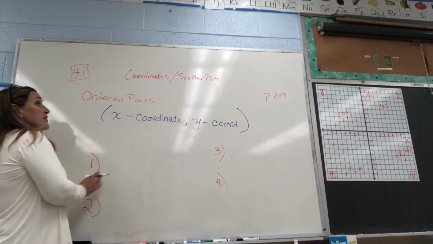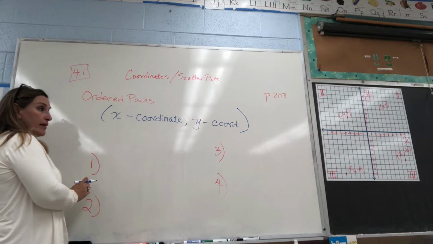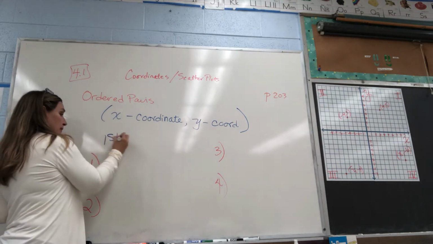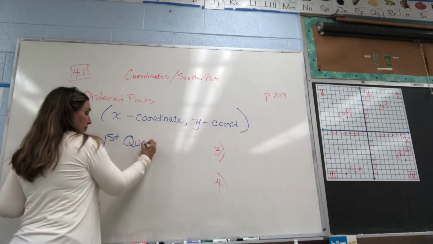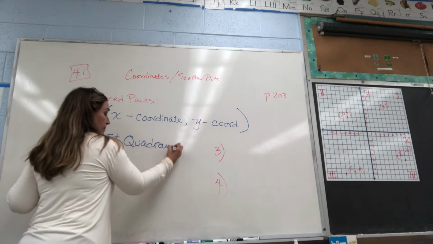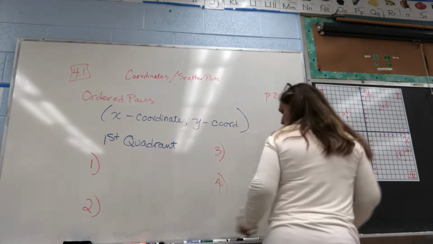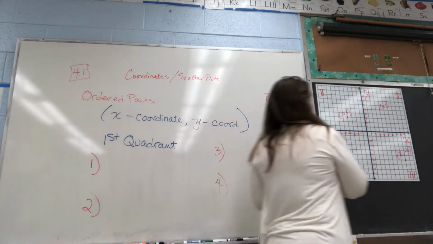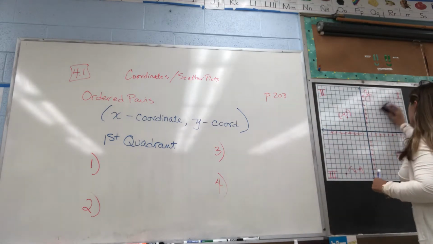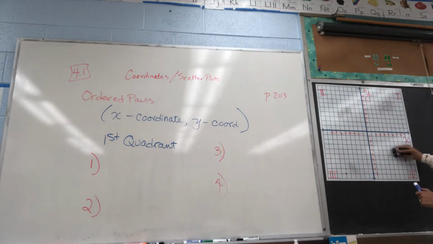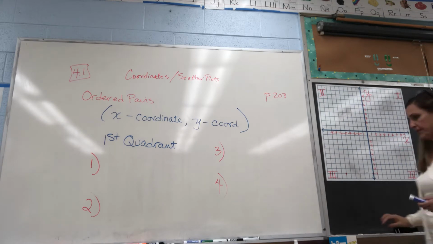So give me something in this ordered pair that gets me in the first quadrant. Give me something that I can graph in the first quadrant. All right, Alexis. 1, -8. Okay, let's try that.